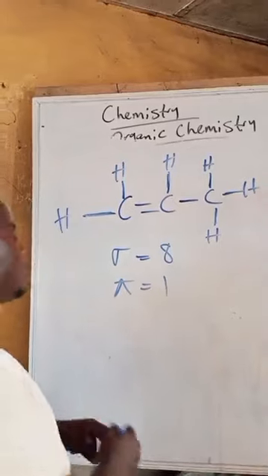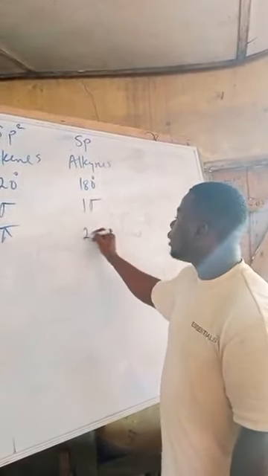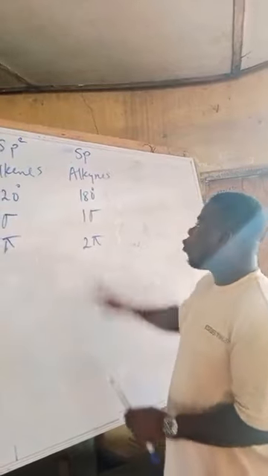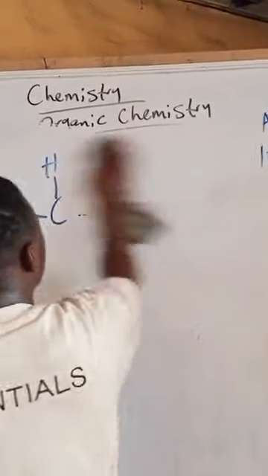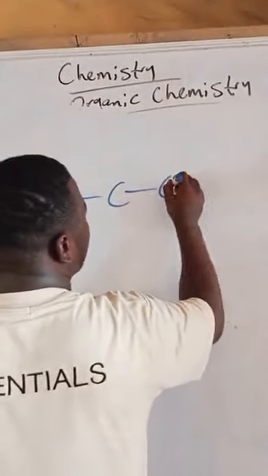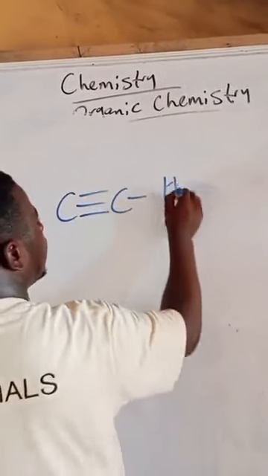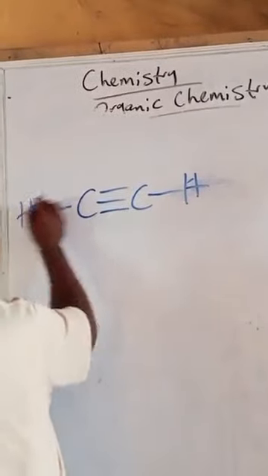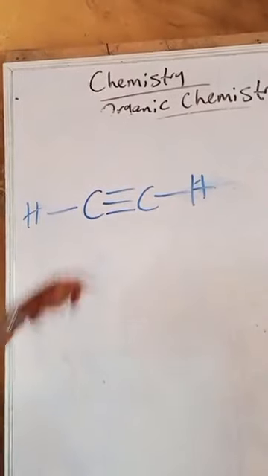Now moving forward to the alkynes. Alkynes have 1 sigma bond and 2 pi bonds. That is 1 follow-come sigma bond and 2 pi bonds. Now for example, if you have these compounds like this, and we are asked to calculate the sigma bonds that are here.